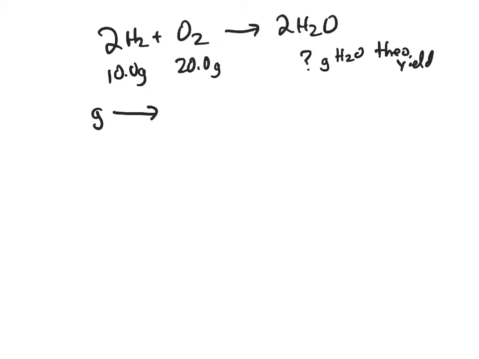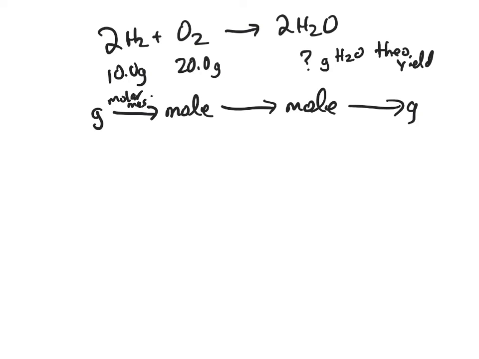So for both reagents, we want to go from grams to moles to moles to grams. Whenever we go from grams to moles, we want to use the molar mass. Or if we go from moles to grams, we need the molar mass, the reverse process. That middle step of going from moles to moles, we're going to use the stoichiometric ratio.